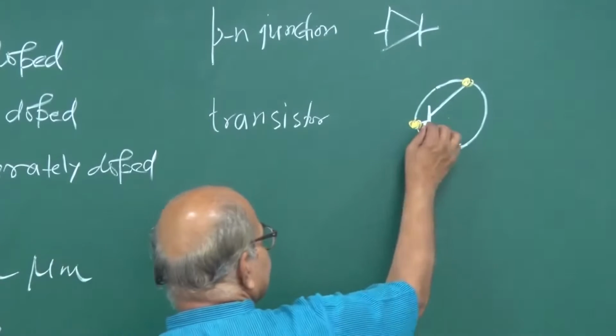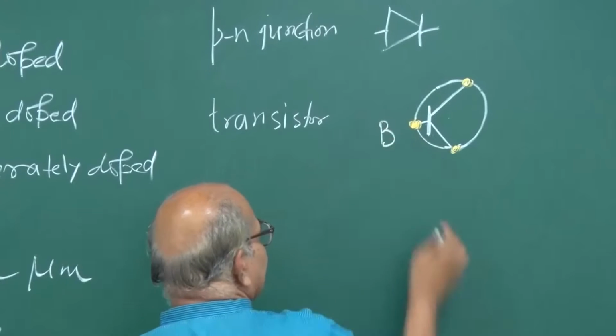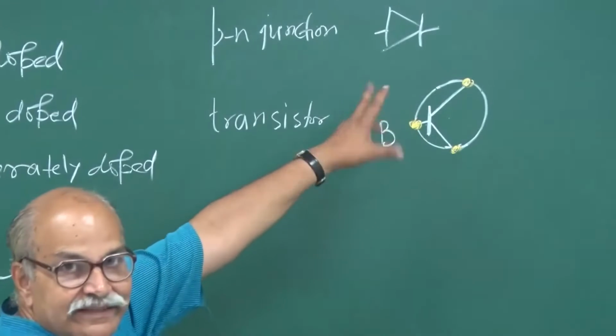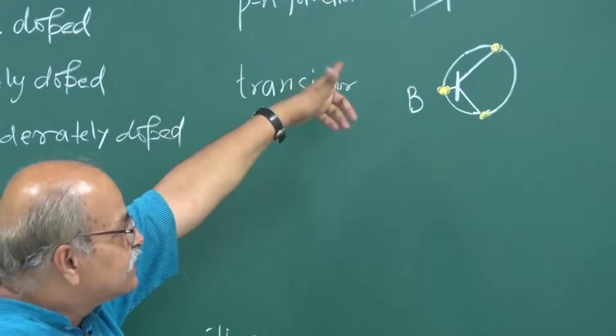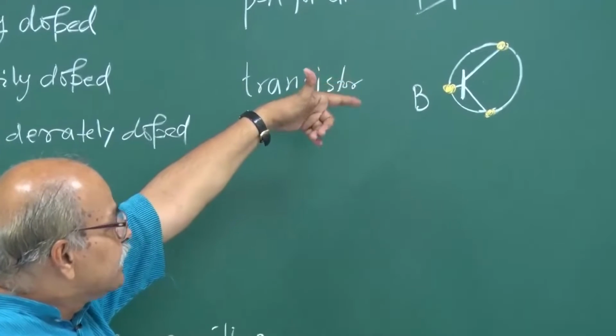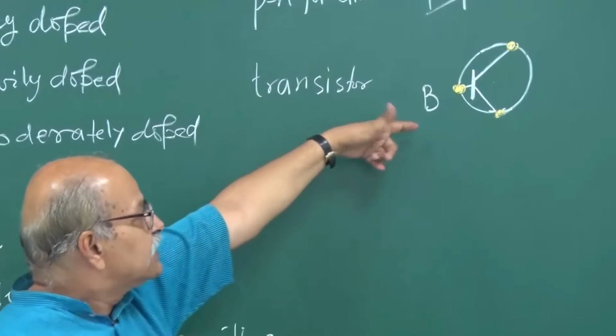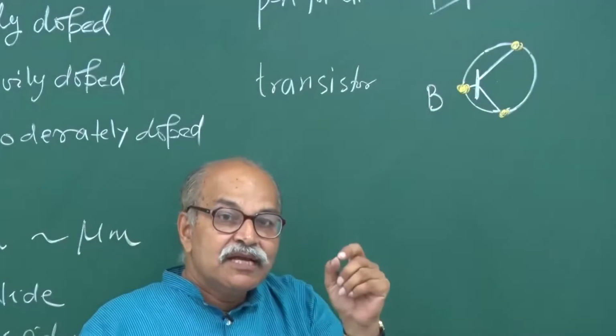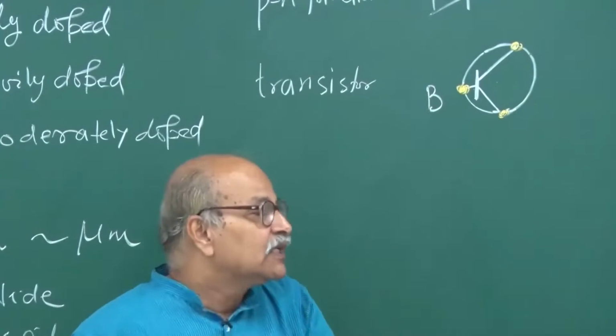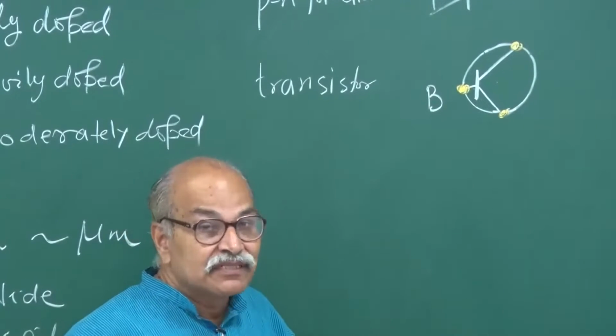This one is the base, and one of these is the emitter, another is the collector. How do we distinguish between emitter and collector? In the symbol, we put an arrow on the line corresponding to the emitter.